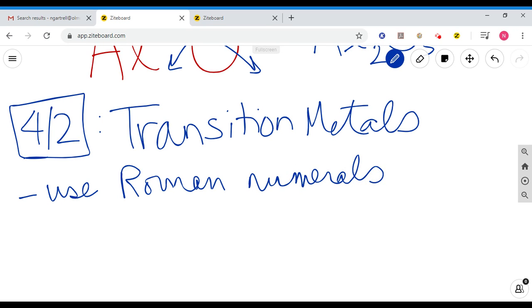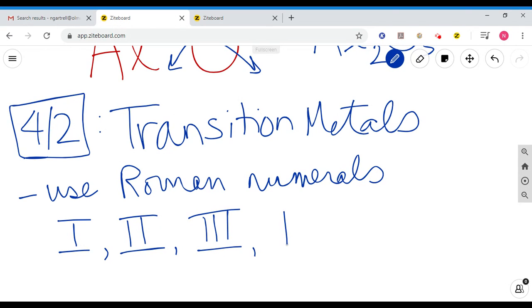The Romans wrote numbers very differently than we do. We use the Arabic number system, and these Roman numerals are kind of clunky to work with. So we have Roman numeral 1, 2, 3, 4, 5, and 6.